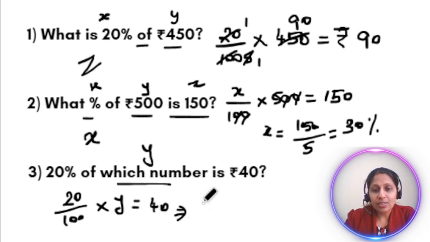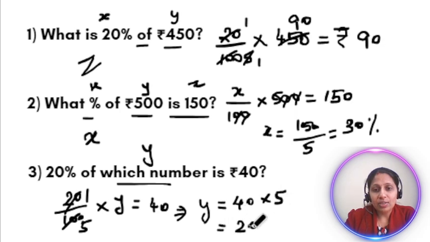This can be written as Y equals, cancel it out, 1 time, 5 times. When you take it to the other side, it becomes multiplication. So 40 times 5, which is 200 rupees. Units are important. So 200. 20% of 200 is 40.